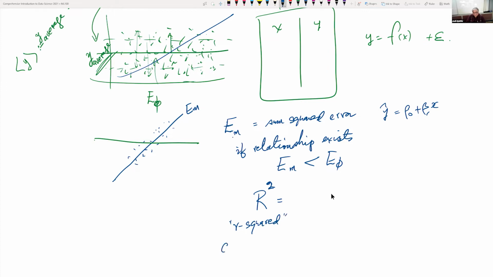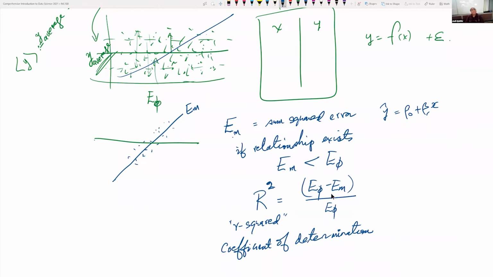And the formal name is coefficient of determination. It's a coefficient. It tells you, determines how much better your model is compared to the null hypothesis. So you say E phi minus EM. Now, if this number is greater than 0, it's an improvement. How much is the improvement over the null hypothesis as a proportion of the null hypothesis error?